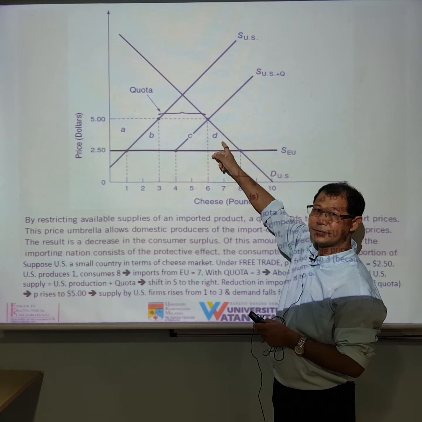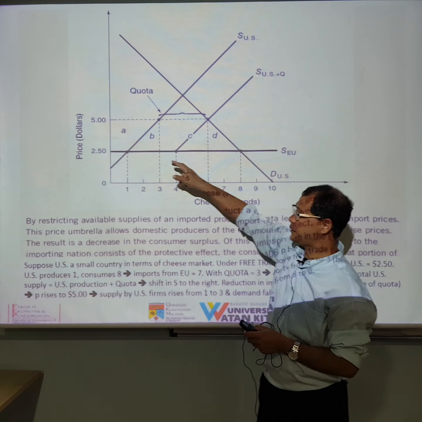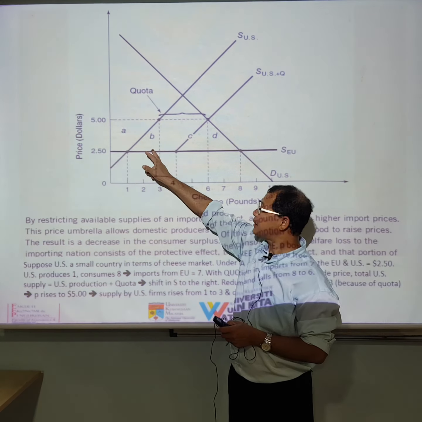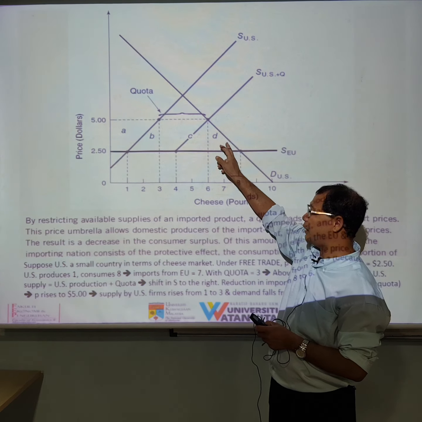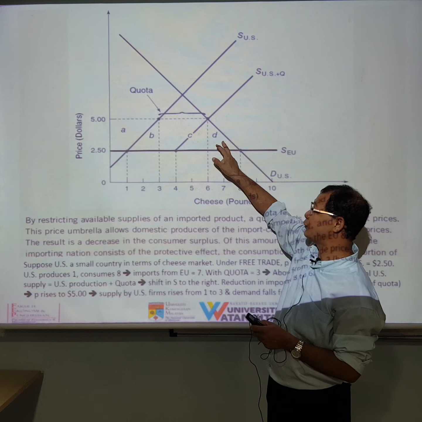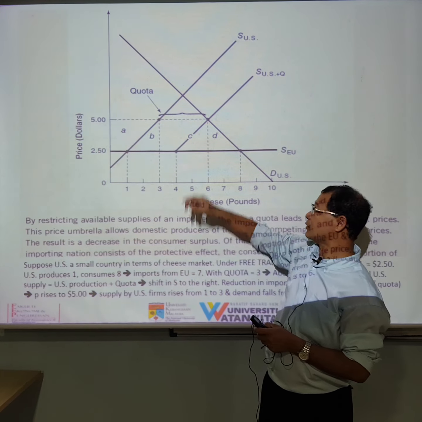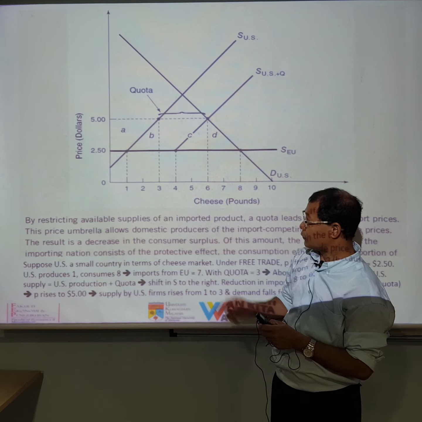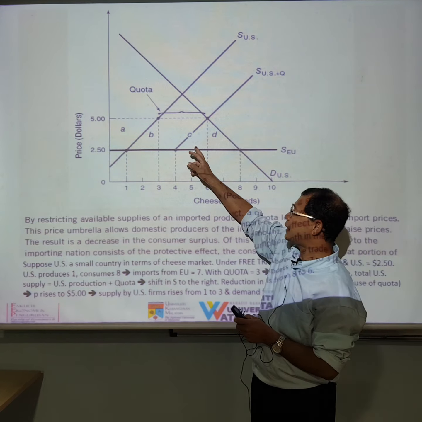So this is the consumption effect. Previously it was a protective effect. This one is the consumption effect, another deadweight loss because it doesn't go to anyone, just like B. So, two deadweight losses. Now let's go to discuss C.